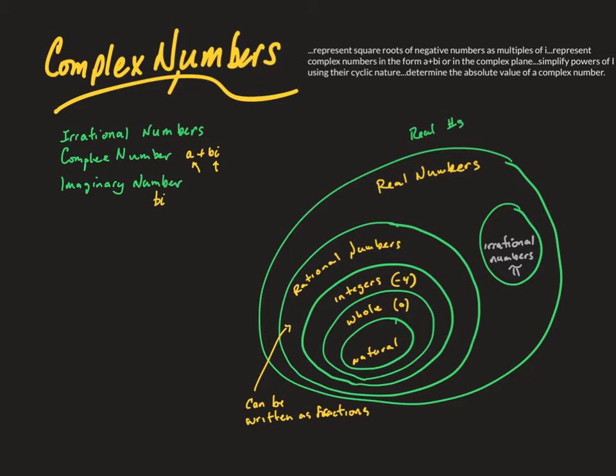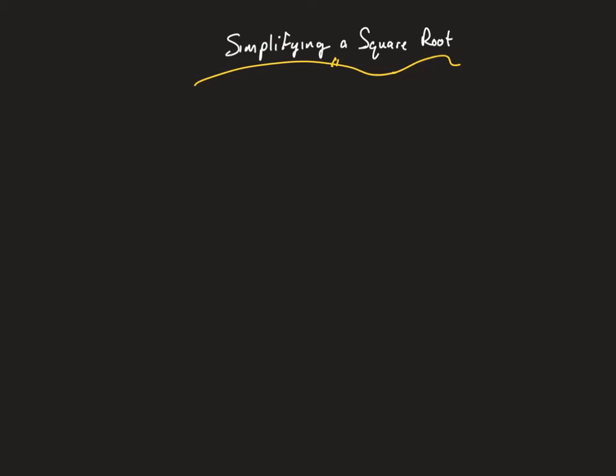So when we look at simplifying a square root, we're going to learn to simplify our square root because remember that i, as we learn, is going to be equal to the square root of -1. And we have to get to the point where we can find the square root of -1.